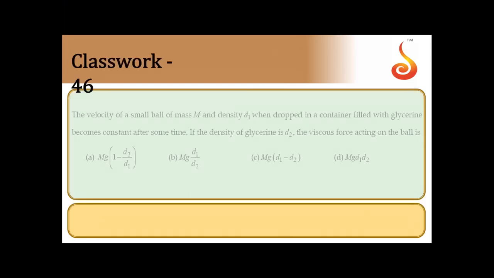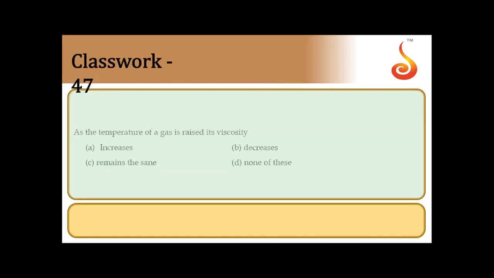So we shall move on to next one. As the temperature of a gas is raised, its viscosity increases, decreases, remains same, none of this. See, if it is a liquid, on increasing temperature, viscosity decreases. For example, castor oil. If you heat it, its viscosity decreases, it flows faster.